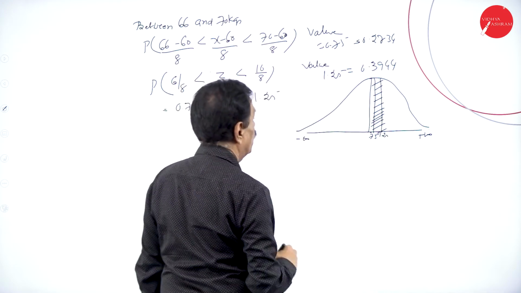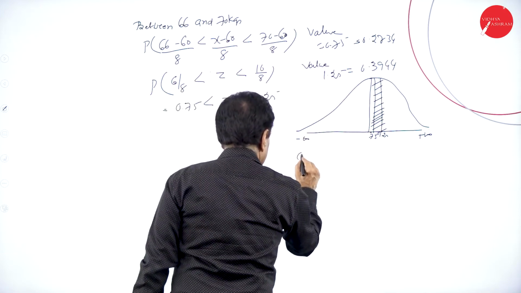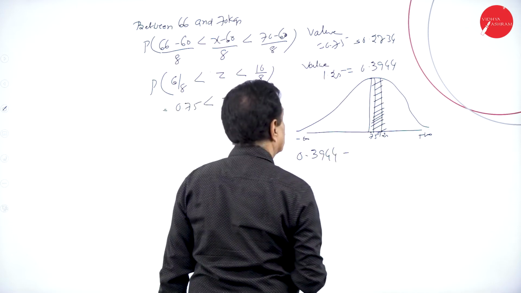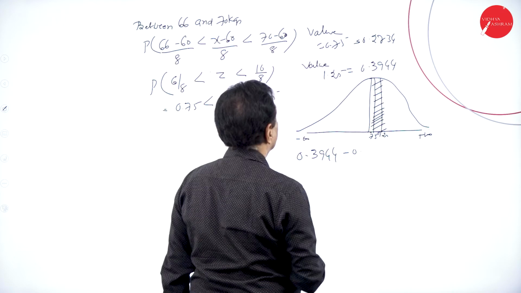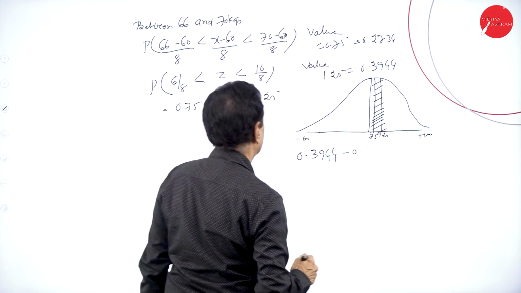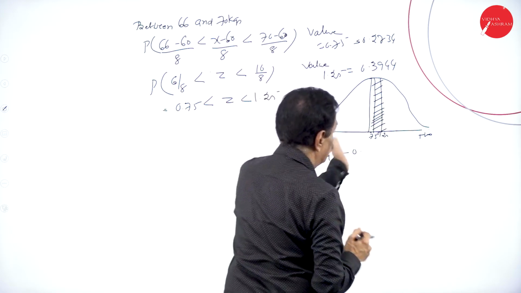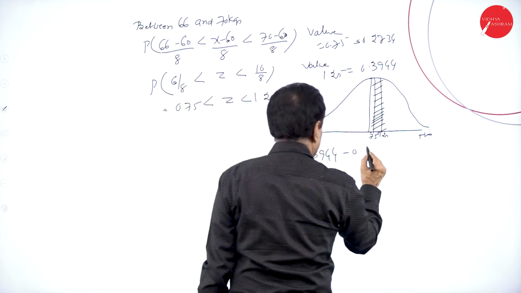From the highest value, deduct the lowest value. What is the first one? 0.3944 minus 0.2734.